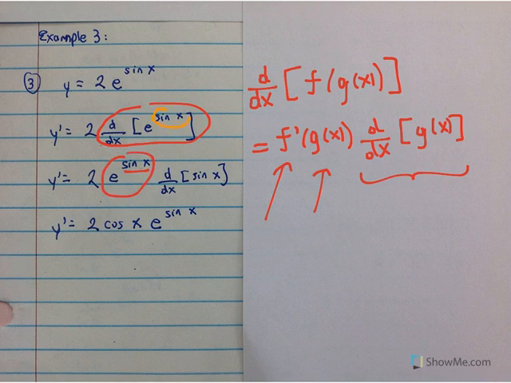Multiply by the derivative with respect to x of the inside function sine x, and the derivative of sine x is cosine x, which I have right here. So I have 2 times cosine x times e to the sine x, and that is my final answer.